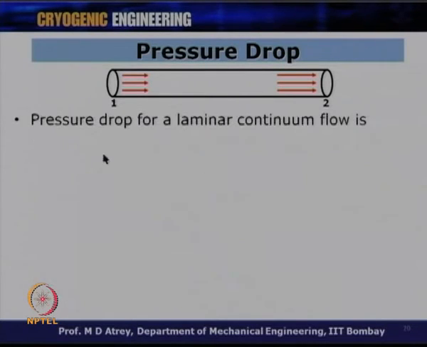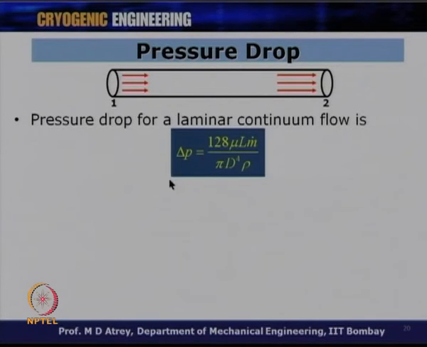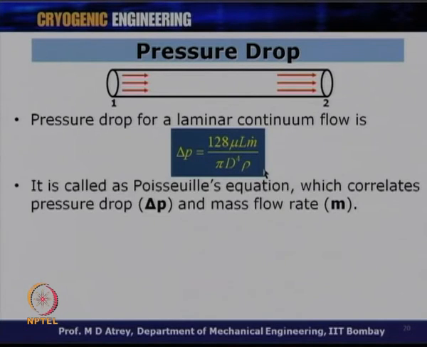For a laminar continuum flow, where the Reynolds number is less than around 2300, the equation is delta P equal to 128 mu L m dot upon pi d to the power 4 rho. This is called Poiseuille's equation in fluid mechanics, which correlates pressure drop delta P to mass flow rate m dot.